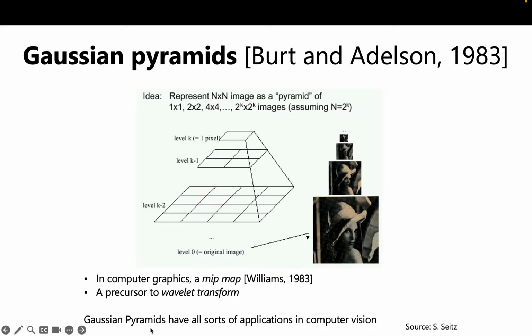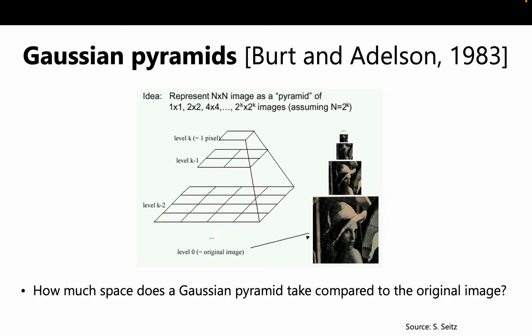And this Gaussian pyramid also has applications in computer vision. So here is a question: how much space does a Gaussian pyramid take compared to the original image?